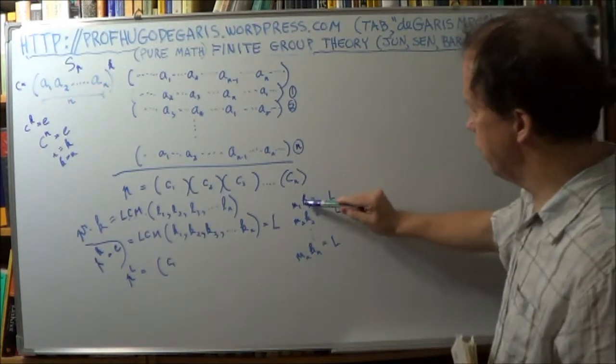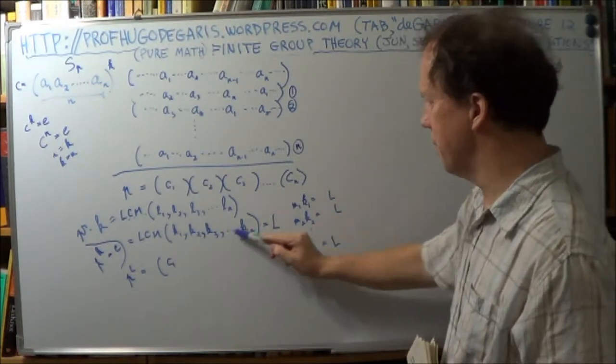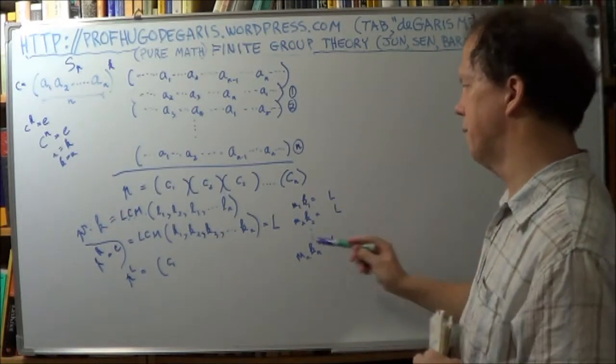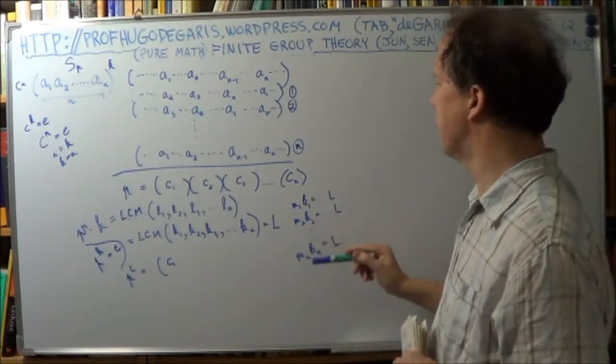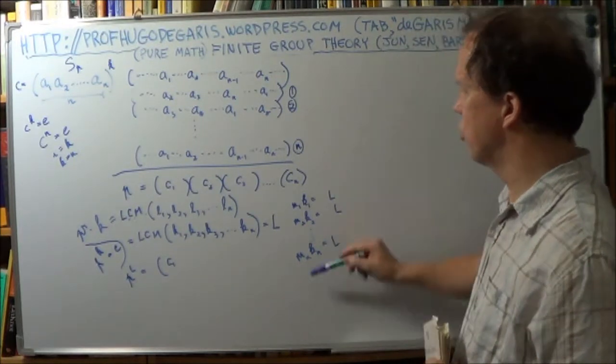So each of these orders is a factor of L. That's the definition of the least common multiple, and this L is the smallest one where all this is true.